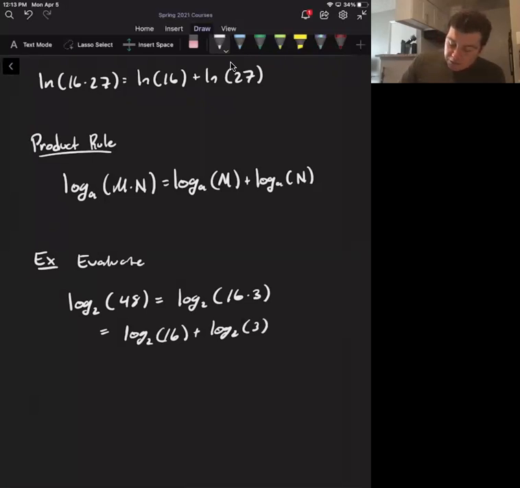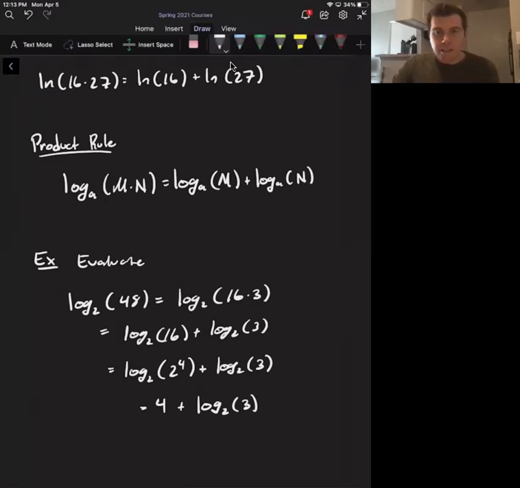And now log base 2 of 16, that's the same as log base 2 of 2 to the 4th plus log base 2 of 3. And we apply our inverse rule, and we see that this simplifies down to 4 plus log base 2 of 3.